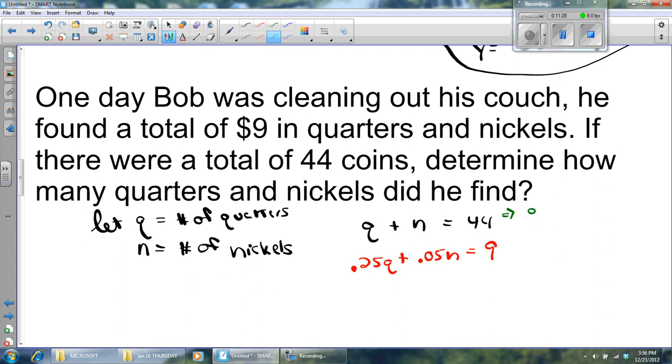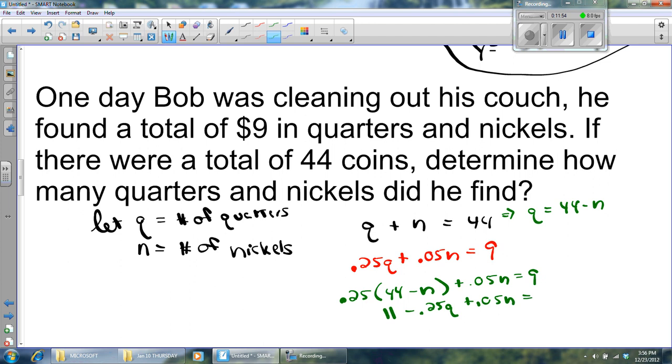So Q is going to equal 44 minus N. So 0.25 times (44 minus N) plus 0.05N equals 9. 1/4 of 44 looks like it'd be 11 minus 0.25N plus 0.05N.